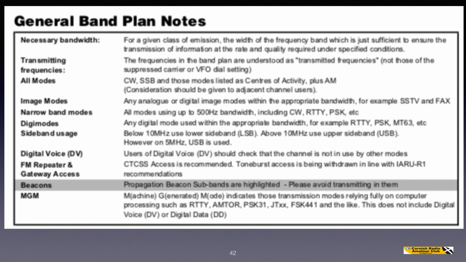Please avoid transmitting in them. So that's just something that may come up in a question. Once again, you don't need to learn all of these, of course. Nobody does. Therefore, for reference during the exam, you just need to familiarize yourself with where they are so that you can have a good look and find out what you need to answer the question.